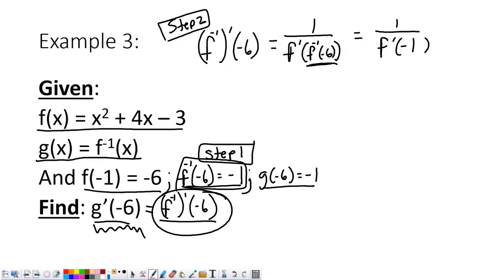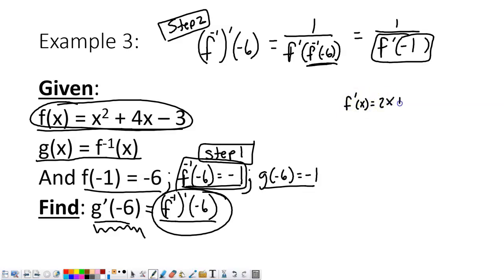We don't have f prime of -1 anywhere. They didn't give that to us. But what they did give us is the function. And if we have the function, then we can find the derivative and plug in -1. So let's find the derivative of f. The derivative of f is going to be 2x plus 4. That's this thing, right?